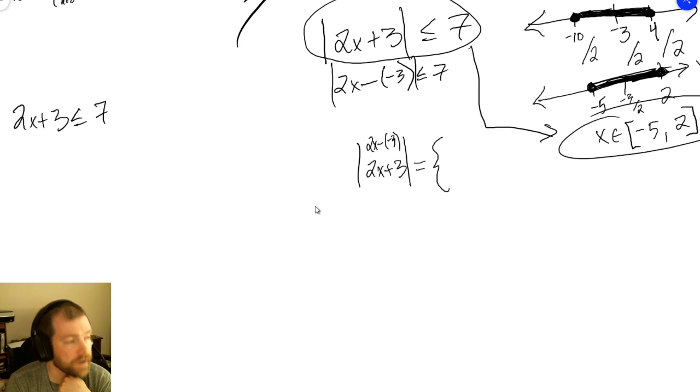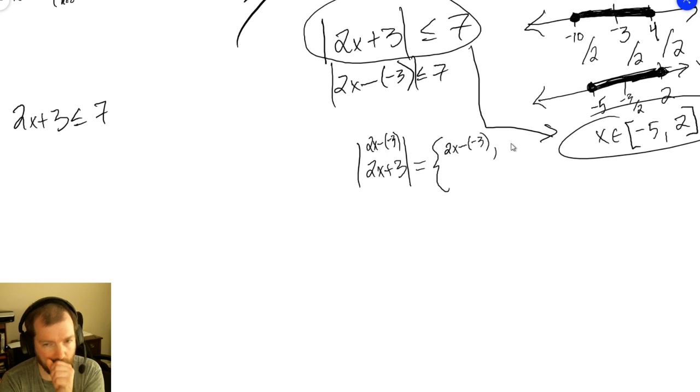So what I said was, if you're going to do it algebraically, you have to do it right. The left-hand side of the equation is going to become 2x minus a -3. You are trying to find the distance between 2x and -3. When you do that, you're either going to get 2x minus -3 if 2x is greater than or equal to -3, or you're going to get -3 minus 2x if 2x is less than -3.